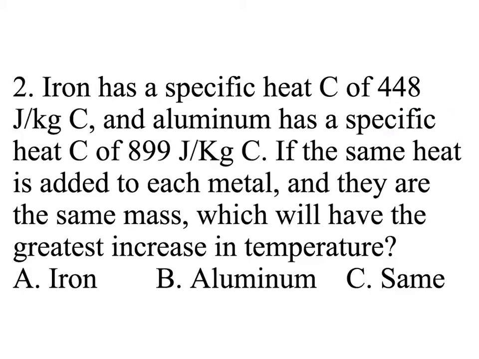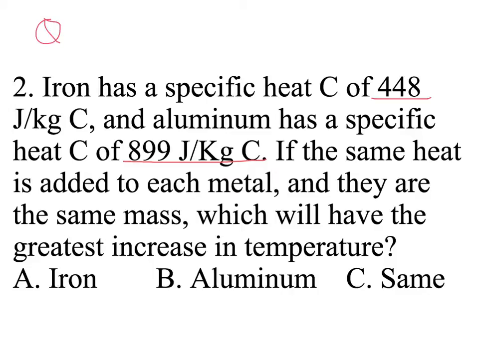Question 2. Iron has a specific heat of 448 joules per kilogram degree Celsius, and aluminum has a specific heat of 899 joules per kilogram degree Celsius. If the same heat is added to each metal and they have the same mass, which will have the greatest increase in temperature?